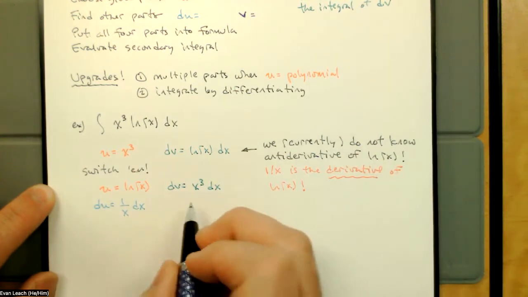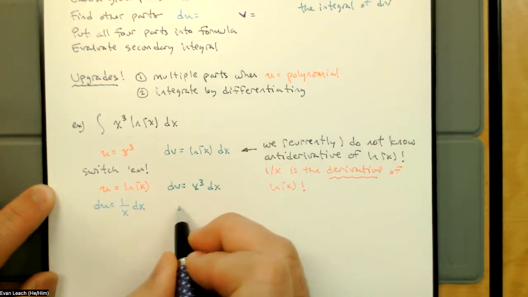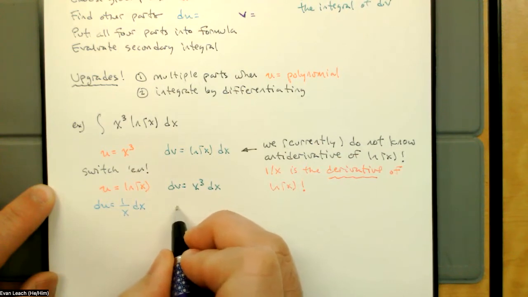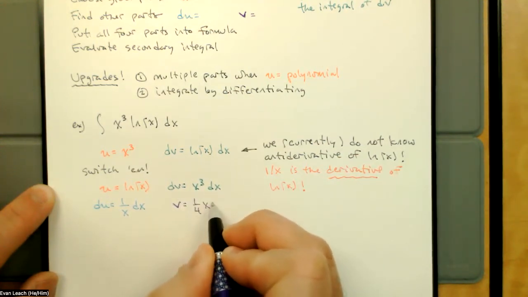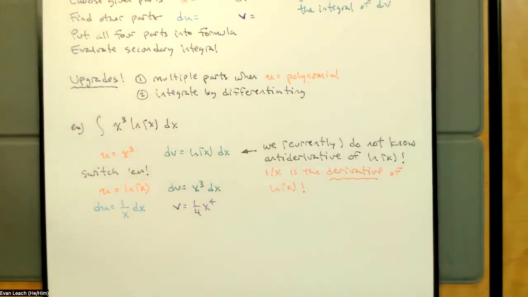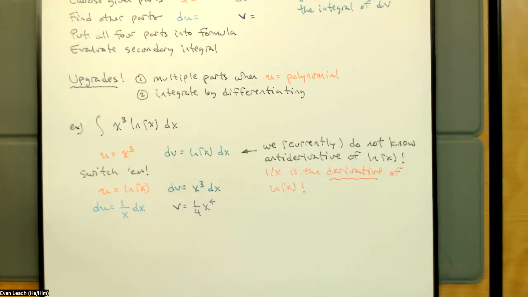If dv is x cubed, then v is 1/4 x to the 4th. Now things aren't so bad, because the derivative of natural log of x is 1 over x, and the secondary integral is v times du. One of the x's is going to cancel out.